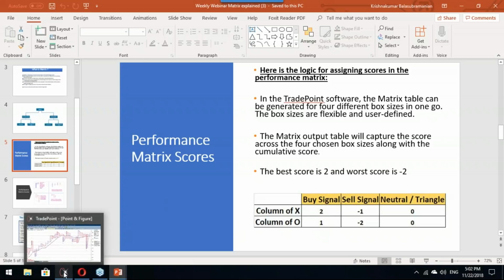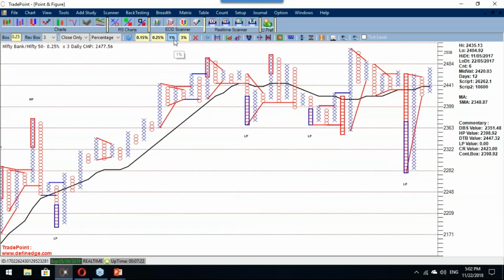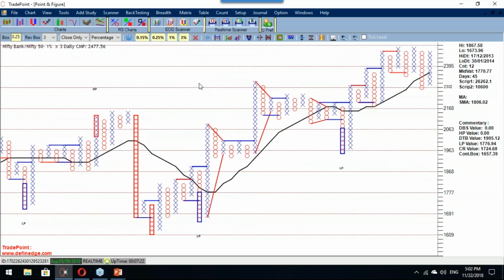Okay. If I increase the box size to 1%, what is this going to be? Prices are in a column of X, and the last triggered signal was a sell signal, right? So the score is going to be -1, right?